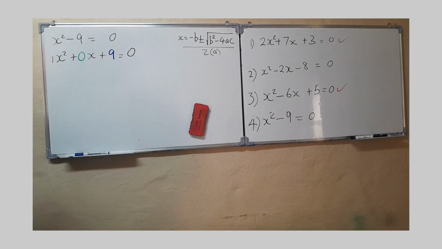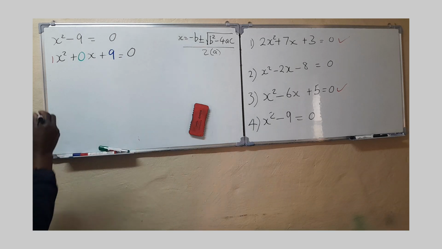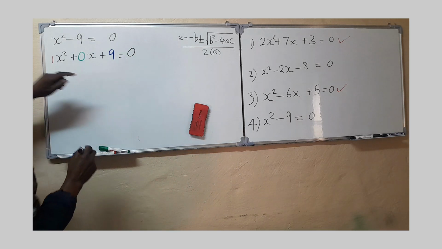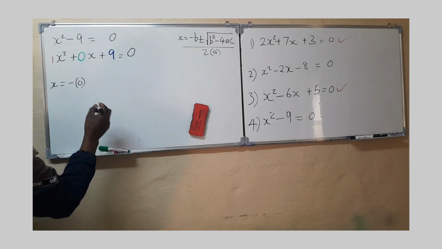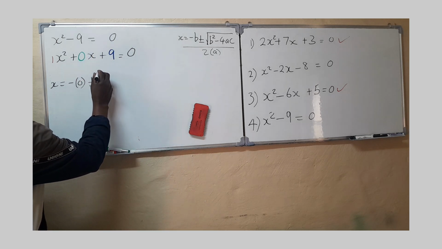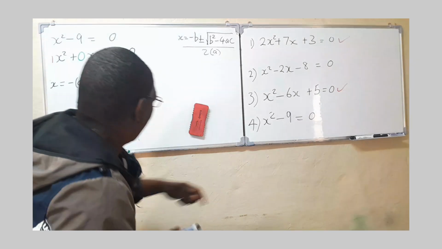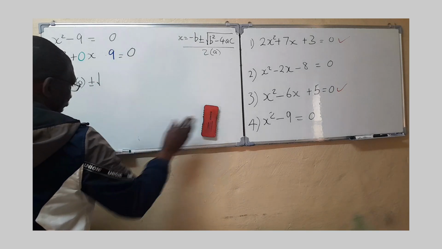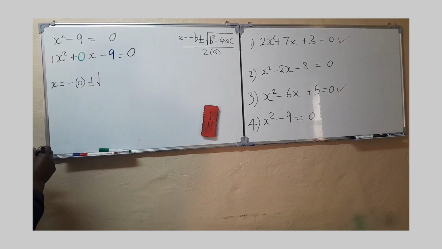Let's plug in the numbers. Okay, so here we go. Our x is equal to minus b, which is minus bracket b is 0, plus or minus the square root of, oh sorry, our 9 is negative here, it's negative, we almost got it wrong. So okay, there we are, a negative 9.